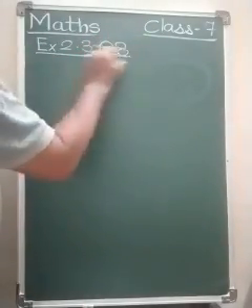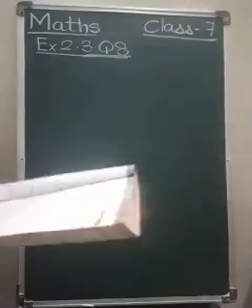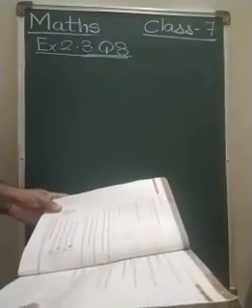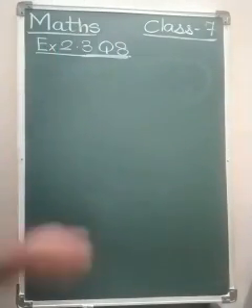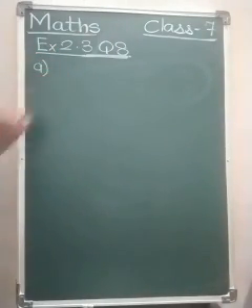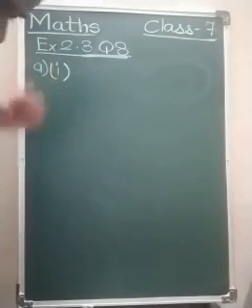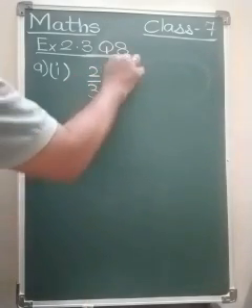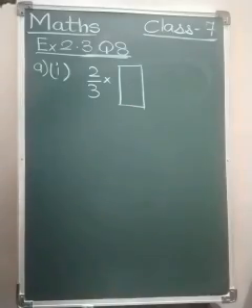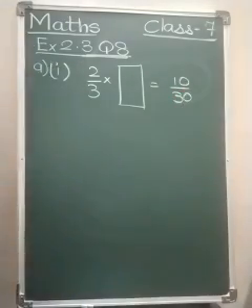Question 8. Now, if you see properly in your textbook, provide the number in the box such that, here A sum is there. Out of A, we are going to solve first: 2/3 multiplied by a box equals 10/30.